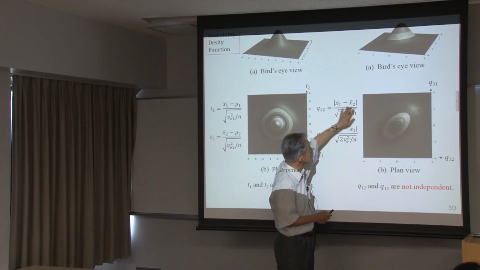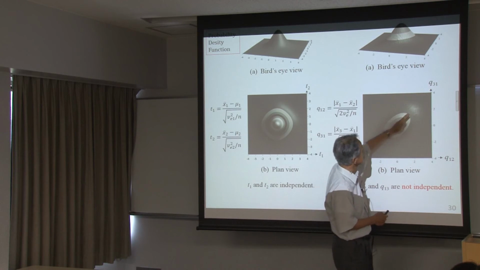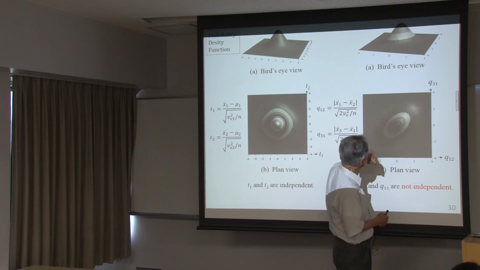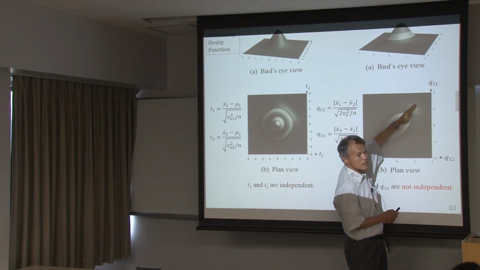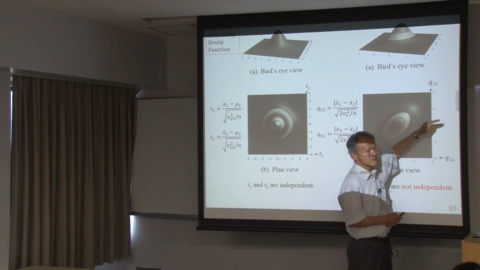But in this case, these T12 and T31 are correlated. Then the long axis of this ellipse is not parallel to one of these axes.